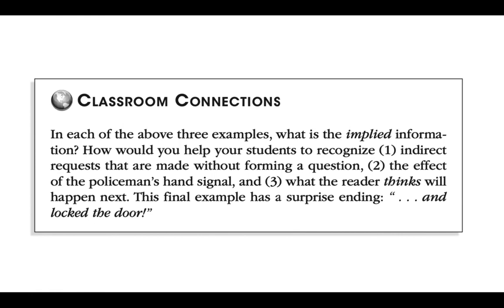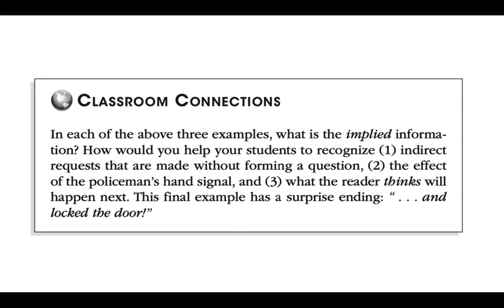She remembered her birthday money and then she ran into the house. So what will happen next? And then here we've also got a surprise ending to number 3: and locked the door. So your learners could have a discussion around the implied meaning within the sentences that have been said.